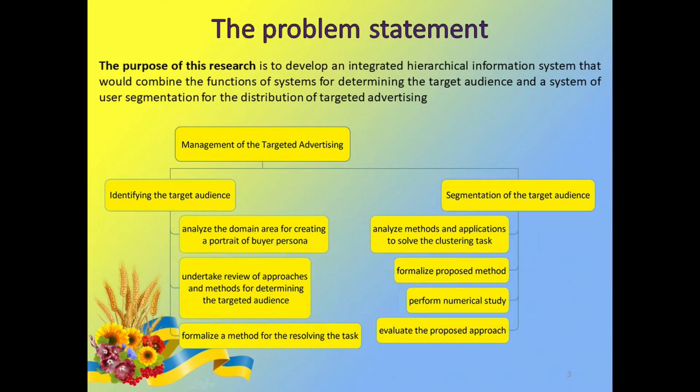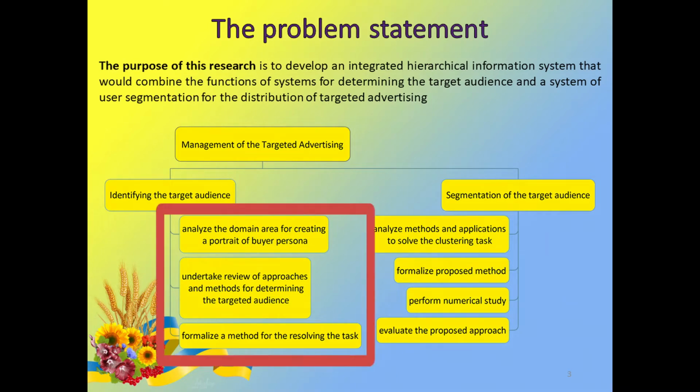Input information is a set of characteristics of potential buyers. To solve the problem, it is necessary to analyze the domain area for creating a portrait of buyer persona, undertake a review of approaches and methods for determining the target audience, and formalize a method for resolving the task.